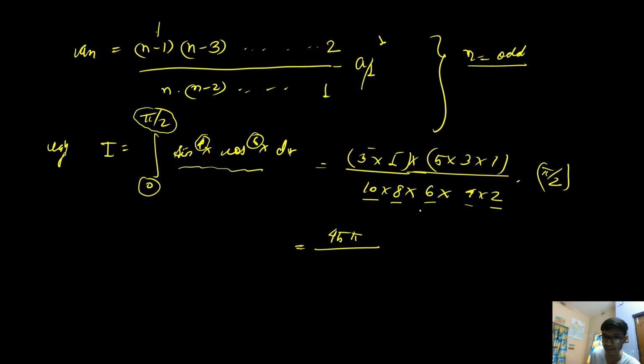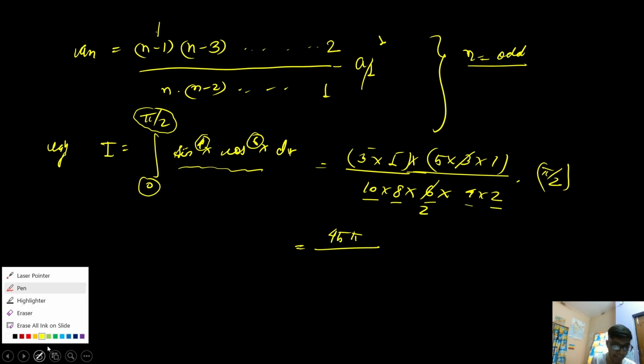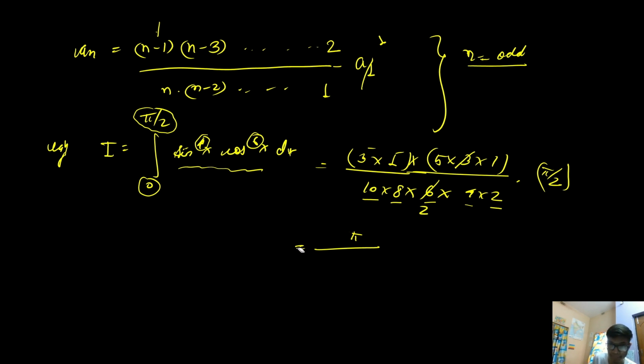Let us simplify a bit. If we cancel with 3, we get 15 pi by, and if I compute this product, 16 into 8, 160 into 8, that is 512. 512 comes because if I divide by 2, it is 2 to the power 3, 2 to the power 5, and 2 to the power 8, so that is 512.